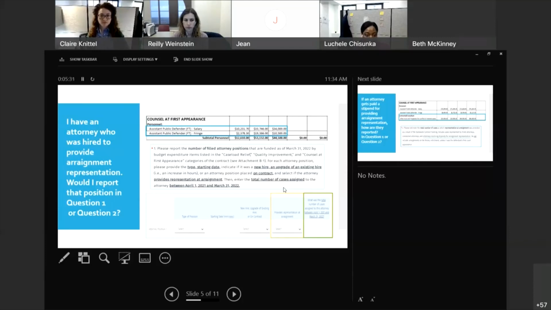As you can see at the top of this slide, you can see what it looks like in the budget. They will most likely appear under counsel at first appearance. As you can see, highlighted in blue, their salary and their fringe is in that box. You would report this position in question number 1 and say yes to indicate that they provide representation at arraignment. You would then report the total number of cases in the last column.